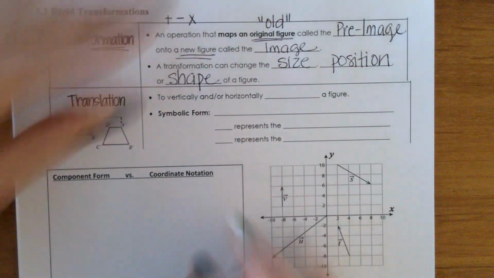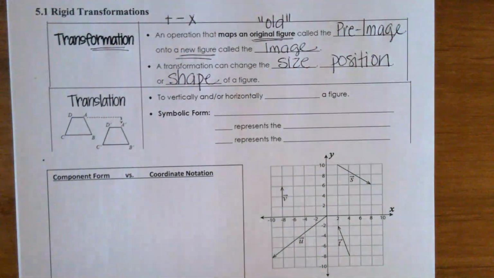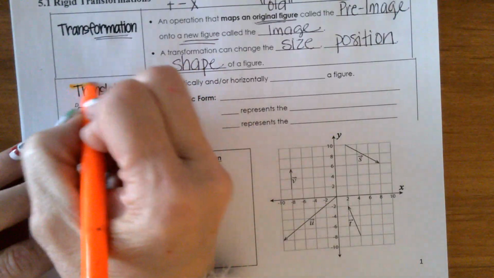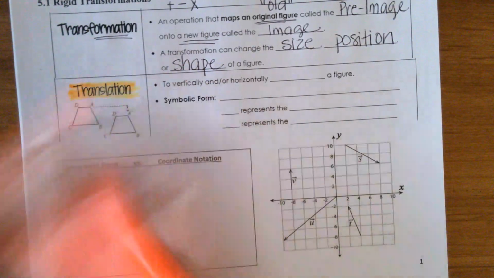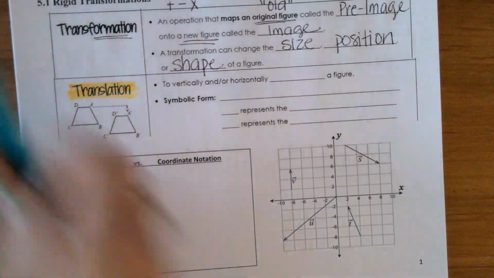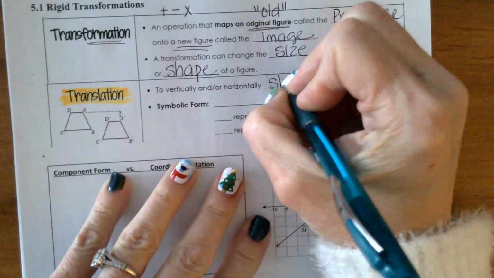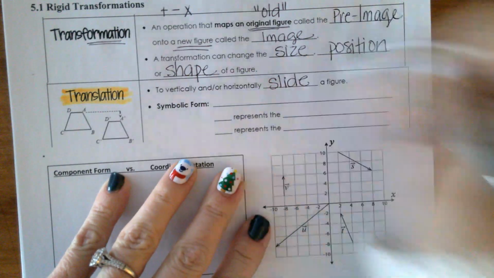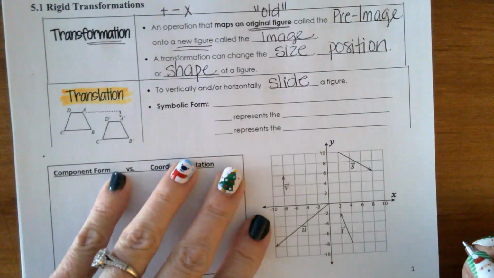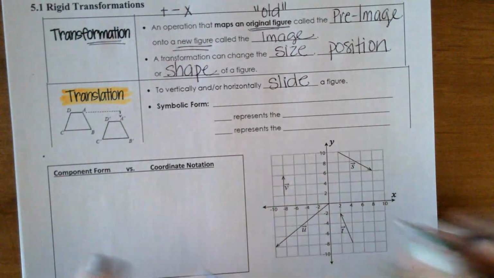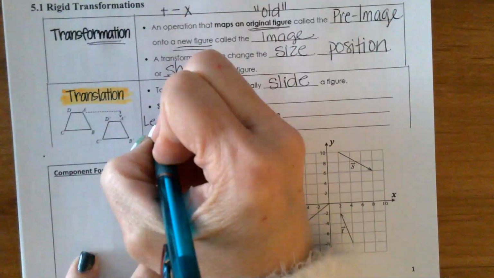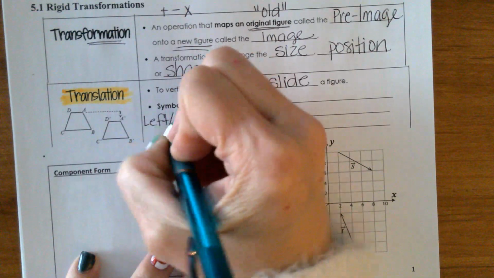All right, so one transformation is a translation, and this is the one I told you was a slide. This is where you're going to slide a figure. You're going to slide it left or right.